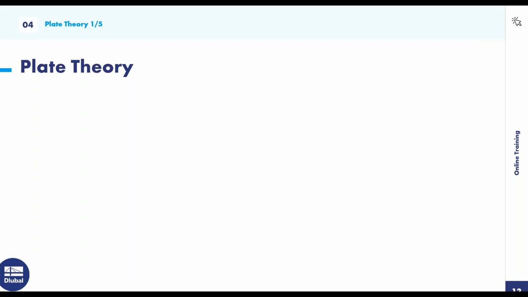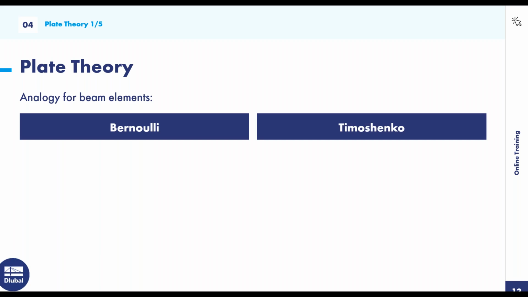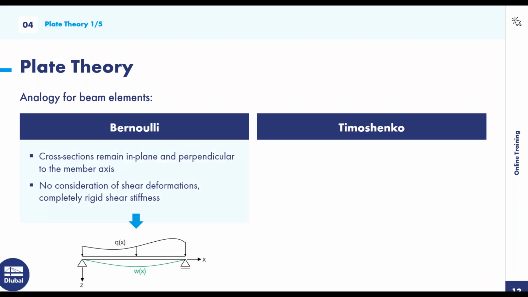To help understand plate theory, I'm going to use beam element theories as an analogy. The first beam element theory is Bernoulli's, and the second one is the Timoshenko theory. With Bernoulli's, there are two major assumptions. The first one is that the cross-section always remains in plane and is perpendicular to the member axes.